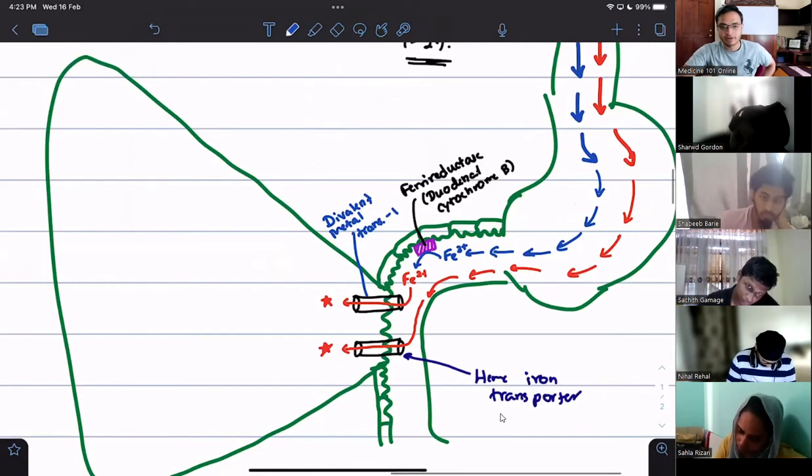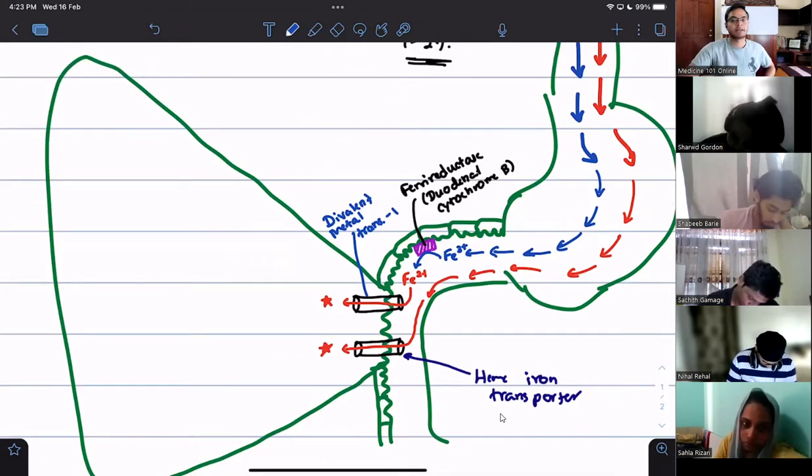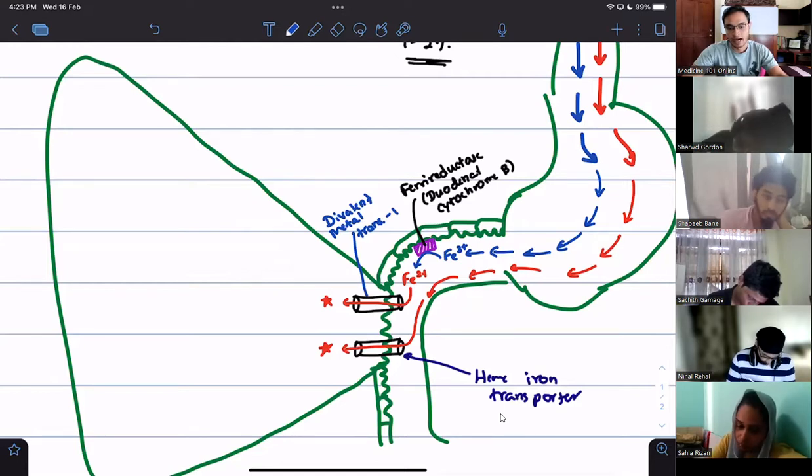So already we have talked about two transport channels and one enzyme. Up to here, is everyone clear?